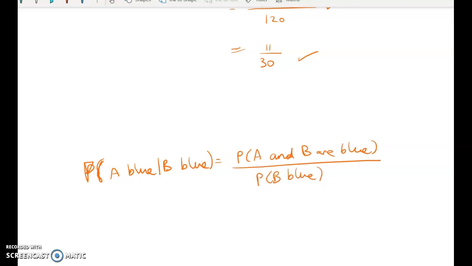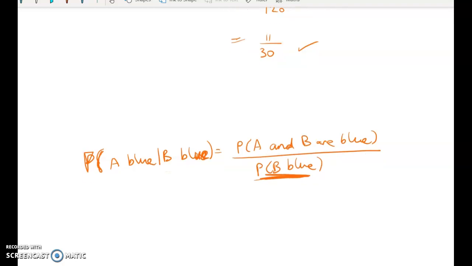Intuitively, we're limiting ourselves, like a sample, to all of the situations where B is blue, and asking, when B is blue, when is A also blue?